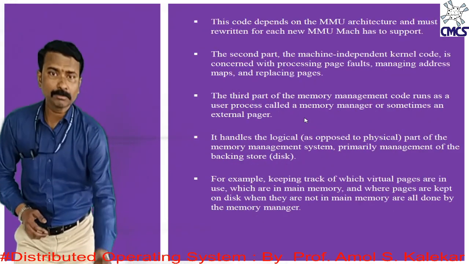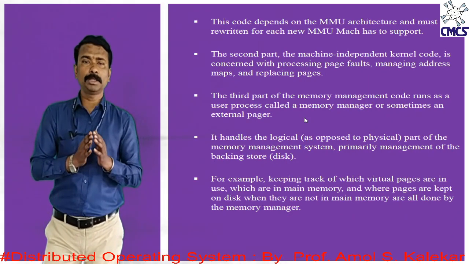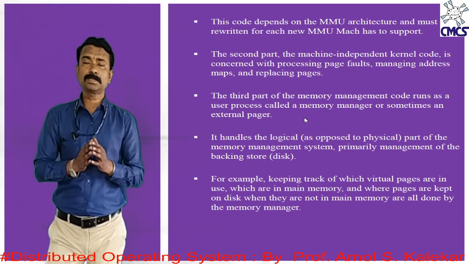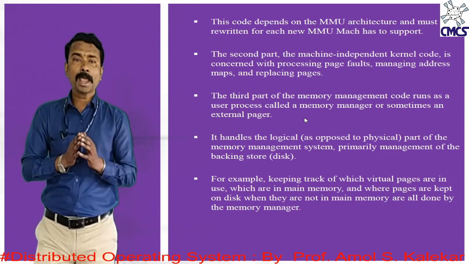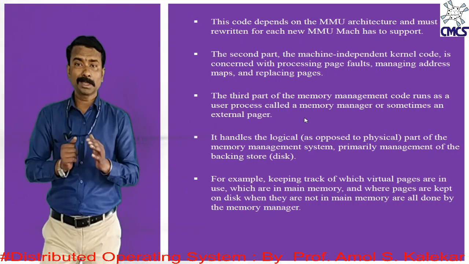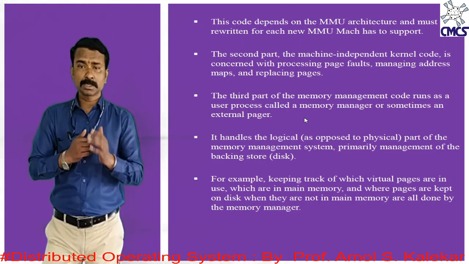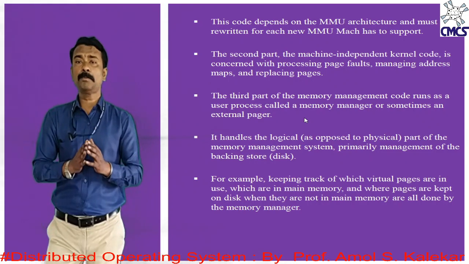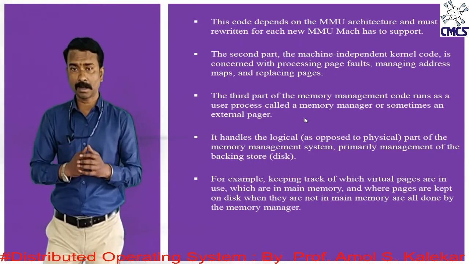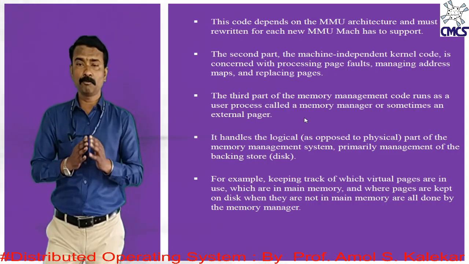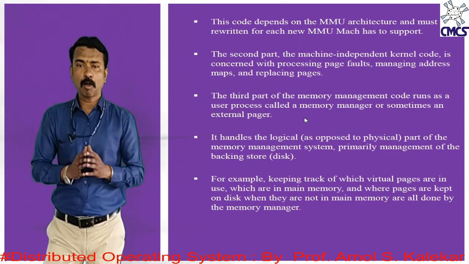This code depends on the MMU architecture and must be rewritten for each new MMU Mach has to support. मतलब क्या हो गया कि जितने भी अलग अलग टाइप्स के MMU को सपोर्ट करना है उन सभी MMU के लिए इस कोड को आपको फिर से एक बार रीराइट करना पड़ेगा so that the system will best possibly execute all the operations.